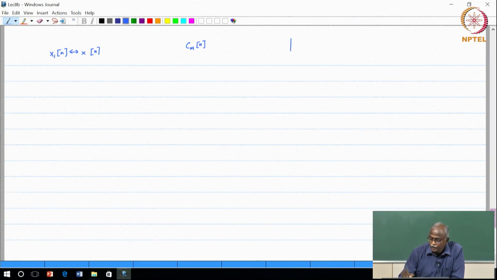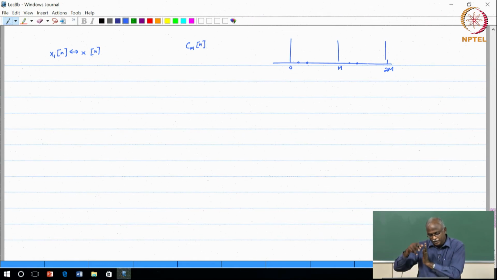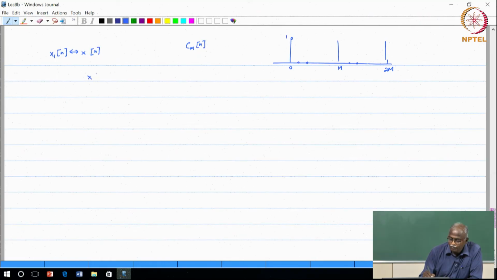The comb sequence has lots of 0 valued samples, then at index M there is a 1, then some 0 valued samples, and at 2M there is another 1. So basically this is a comb sequence with samples of height equal to 1. If I multiply x[n] with this comb sequence, then I will get x1[n].